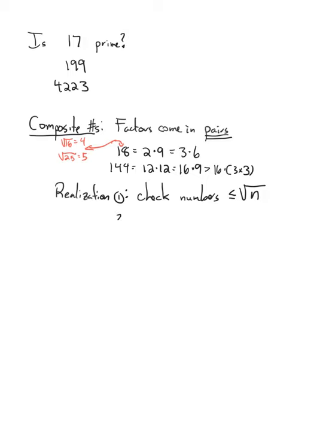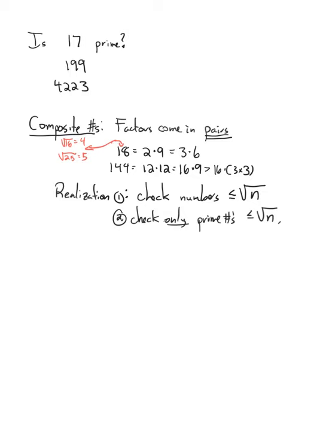I need to check only prime numbers less than or equal to the square root of your number. So that's a really cool idea. So that really simplifies our calculation.